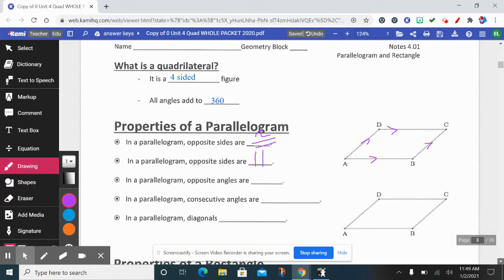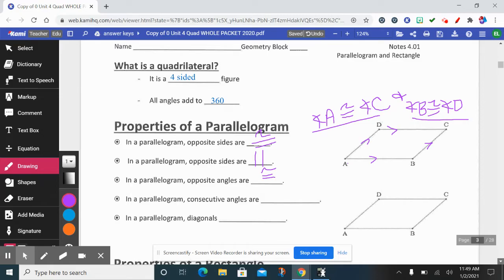Next case is that opposite angles are congruent. So in this picture, we can conclude that angle A would be congruent to angle C, and we know angle B would be congruent to angle D. Now, those congruent statements we're going to be using in proofs here in a minute. I say a minute. I think I moved it to another day of notes, so it's probably going to be next week.